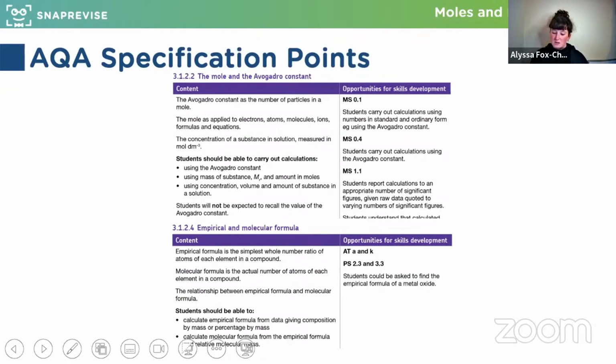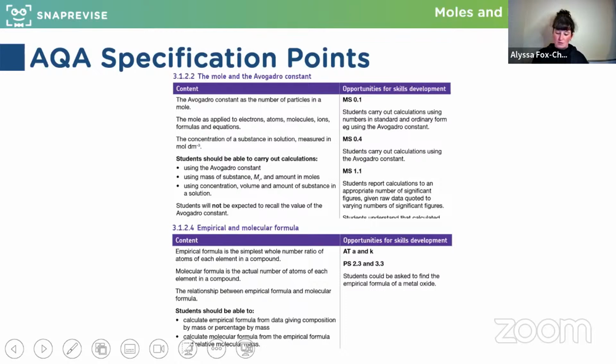We tailor these web classes to suit all three of the main exam boards: AQA, Edexcel, and OCR. If you're an AQA student, these are the spec points that we're going to be covering. If you take away anything from this session, it's that you should get comfortable and confident with looking at your own specification, because as we'll see, they vary considerably across exam boards, but they're very specific.